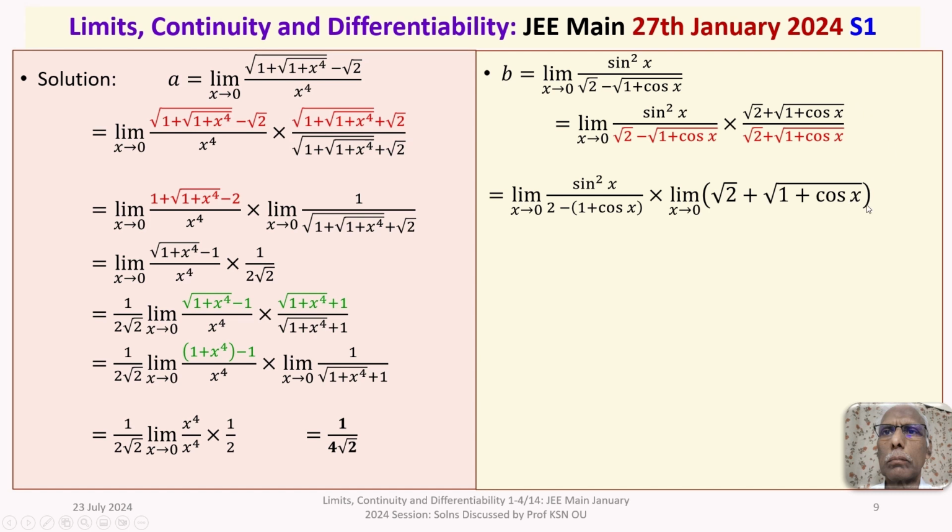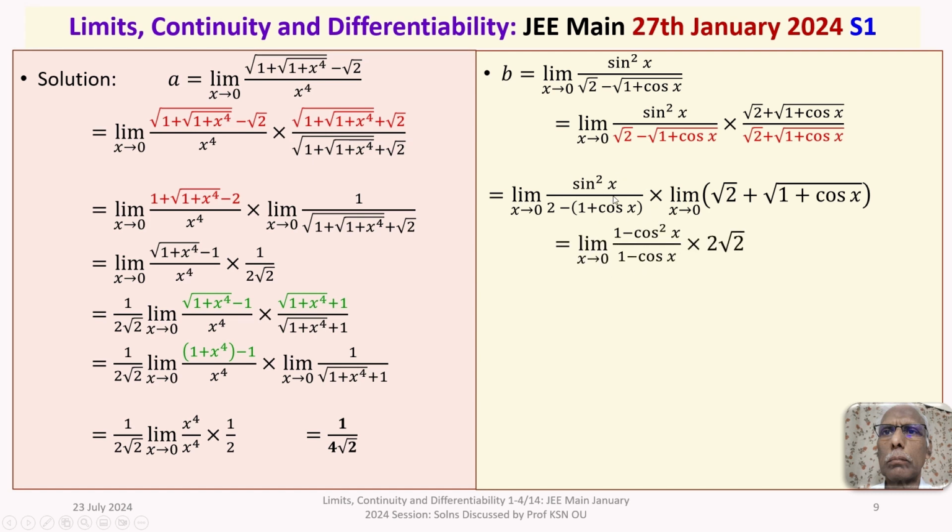Right. Take the limit as x tends to 0. So root 2 plus this is 1 only, cos x, as x tends to 0, cos x tends to 1. So root 2 plus root 2, that is 2 root 2. And sin square x by 2 minus 1, that is 1 minus cos x. So that will be limit x tends to 0.